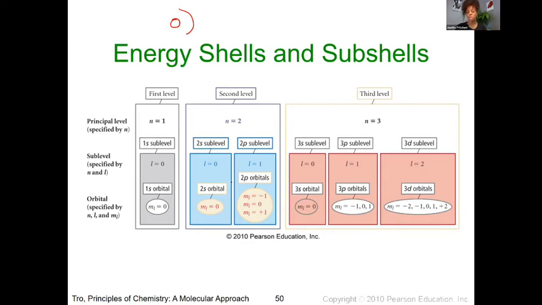And when L is equal to 2, our ML value is -2, -1, 0, +1, or +2. And 5 numbers means 5 different types of d orbitals. So again, in our third energy level, there are 3 subshells. So the energy level, that number, also tells you how many subshells you could expect to be found there.